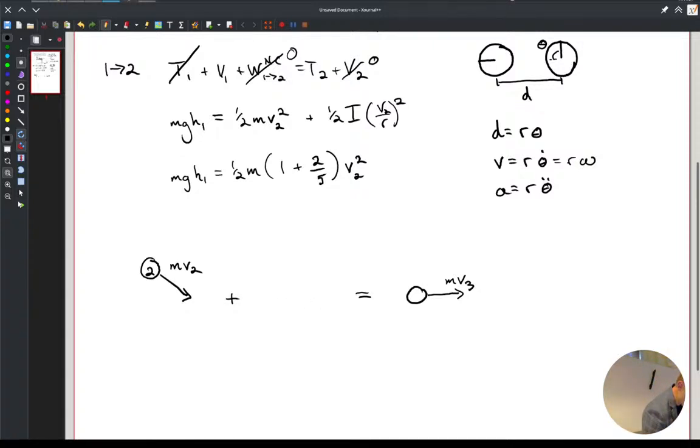And the only thing that's impacting our object is the table. So it can only apply a force up.